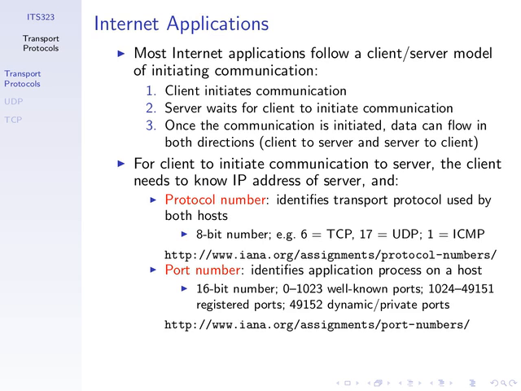A web browser, in the simple view, is a software process running on your computer, and that's a client application. And a web server is a software process running on some other computer, and that's the server application. And web browsing involves communicating between the two. That's the overall application.